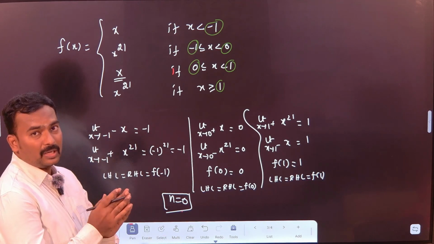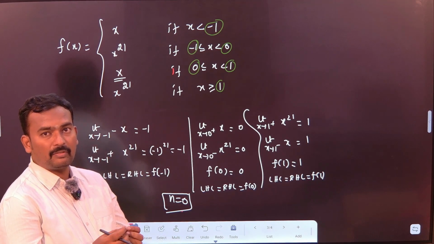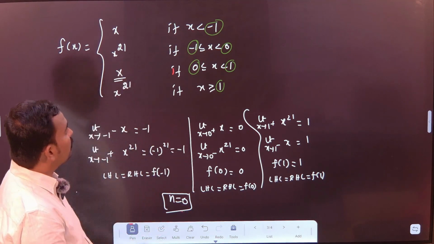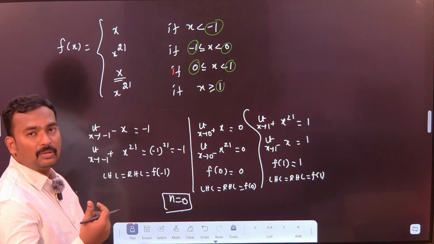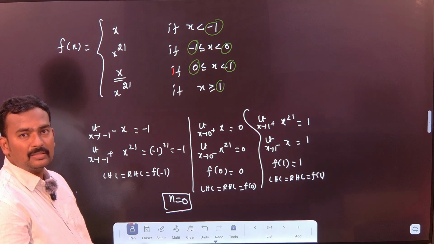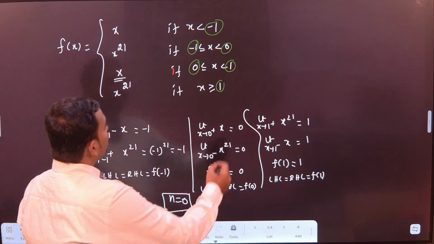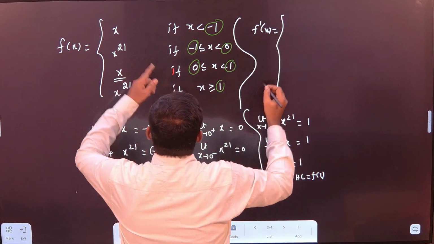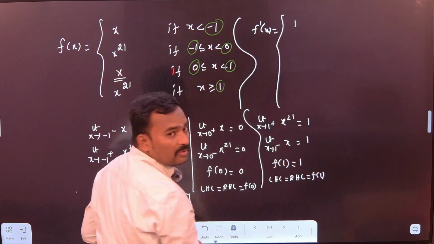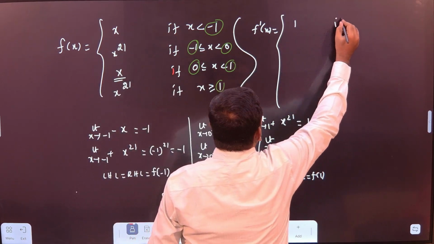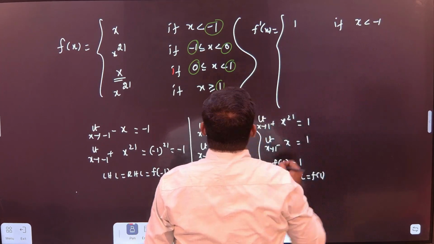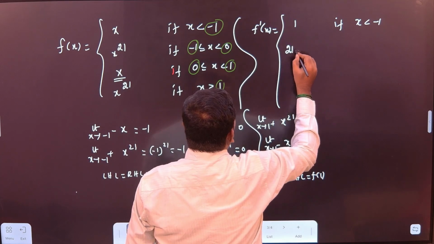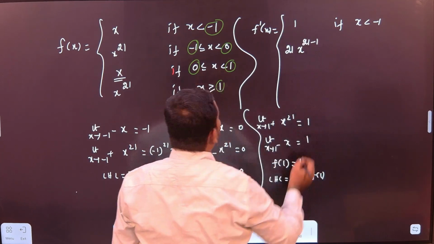The next thing you have to check is the differentiability. Differentiability means you can use the direct derivative, the f dash of x formula method. Otherwise, you can differentiate the function. You have to check the left hand derivative is equal to the right hand derivative. Both are equal means the function is differentiable at the point. Suppose you calculate f dash of x quickly. What is that? 1, if you differentiate x, right? And then if x is less than minus 1. So if you differentiate x power 21, it is 21 x to the power 21 minus 1, right?